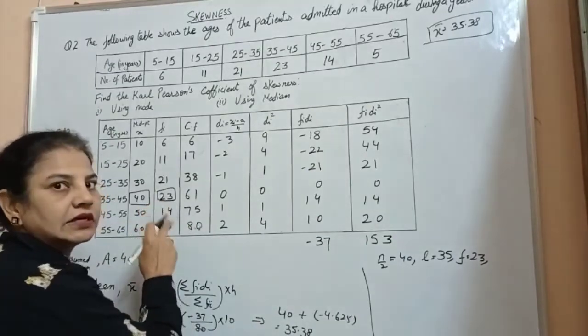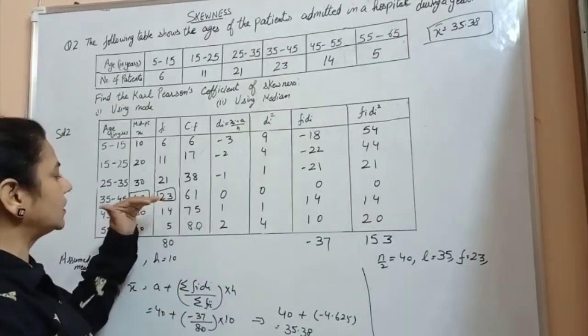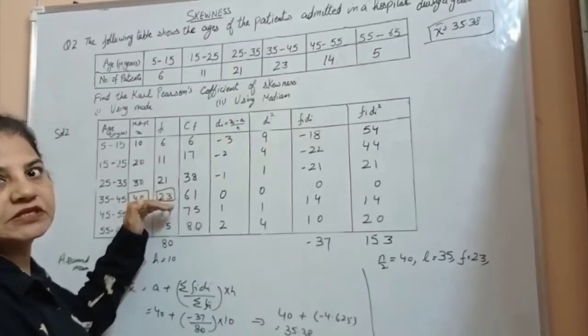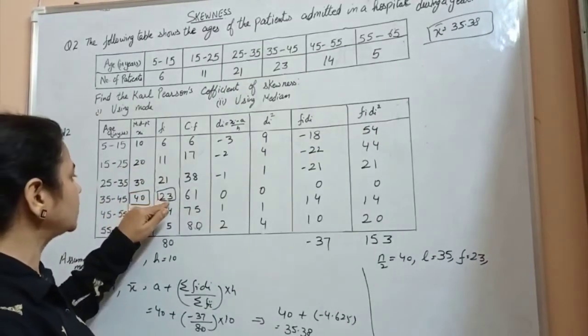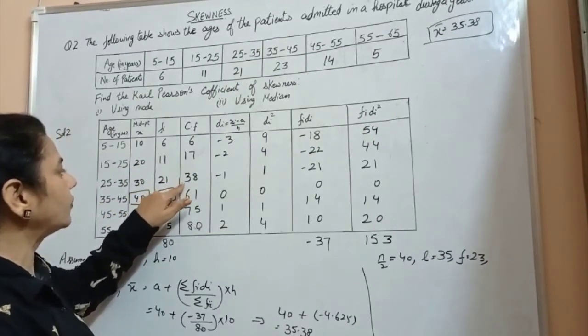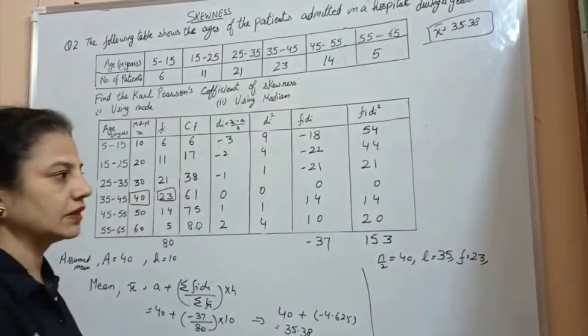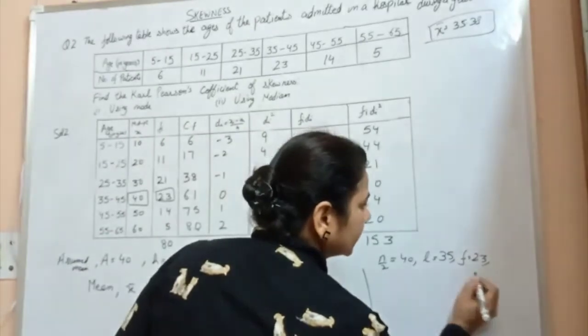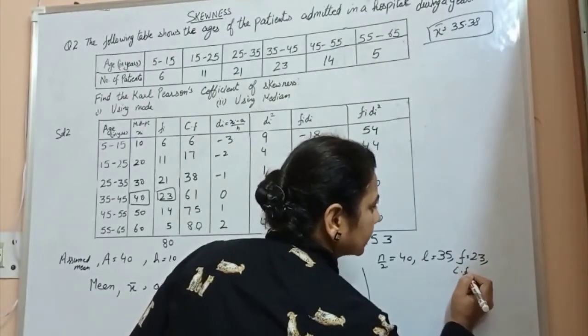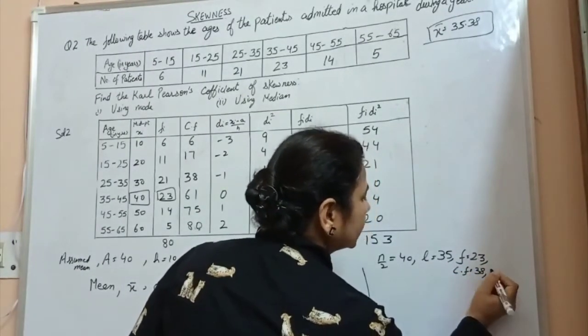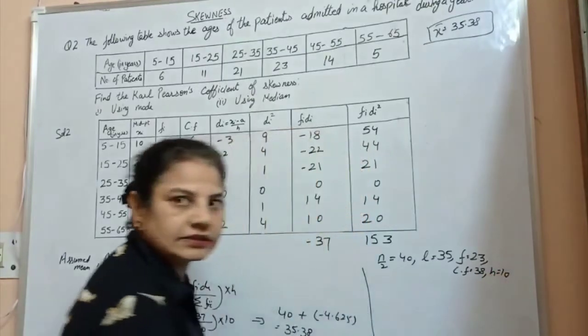And the cumulative frequency is the frequency which is preceding to the given frequency. So the preceding frequency corresponding to it is 38. Cumulative frequency is 38, and h, as we very well know, is 10.